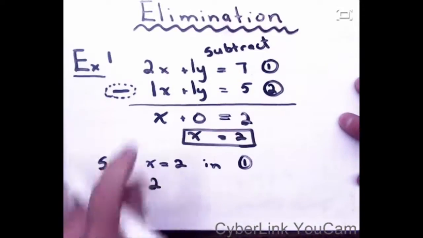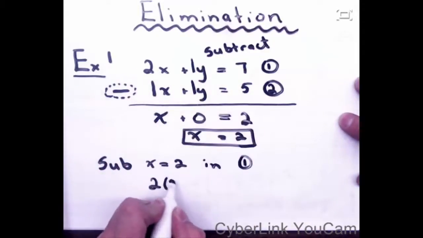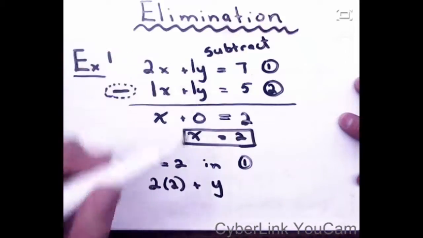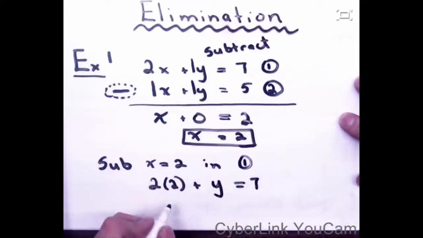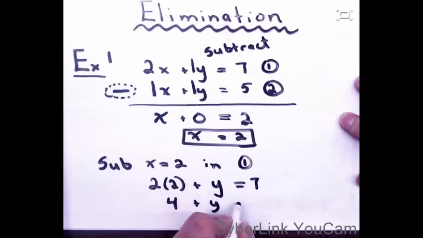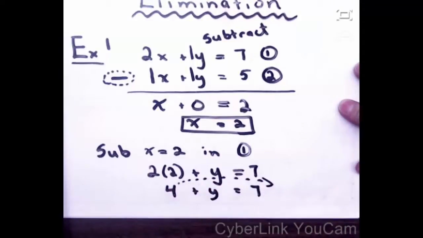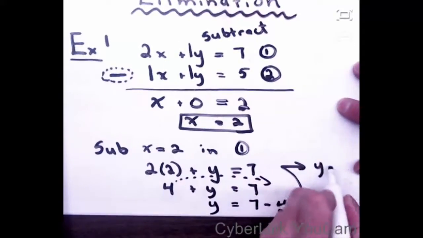So 2x plus y equals 7. I see 2 for the x, plus, well, 1y is just y, equals 7. So 2 times 2 is 4 plus y equals 7. Then we remember that we can send this 4 over here, and it becomes y equals 7 subtract 4, so y would equal 3.